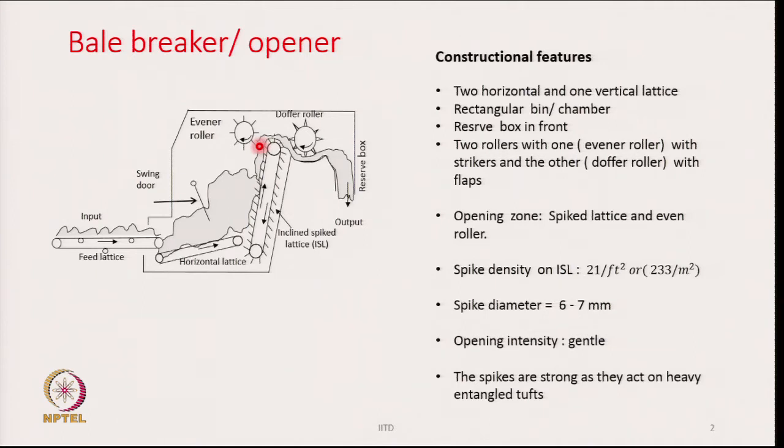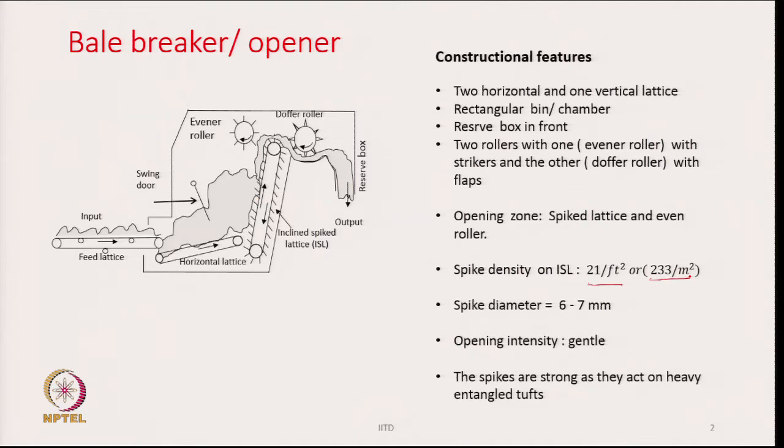The density of the spikes is around 21 per square feet. That is, this cross sectional view that you see of the spike lattice is just like a conveyor with a large number of spikes on it. So, per square meter it will come around 233.